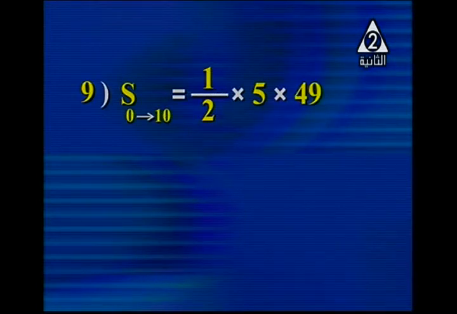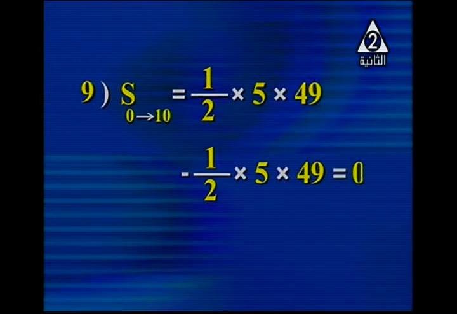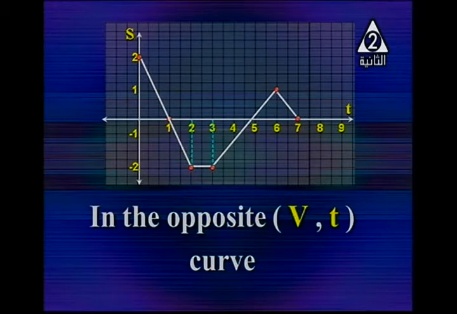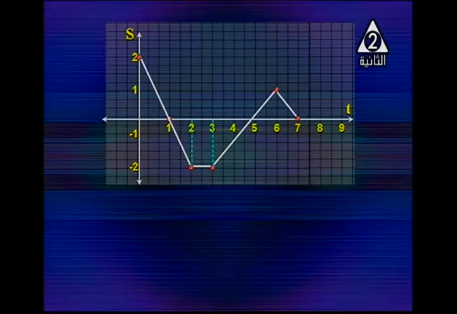When we find s from 0 to 10, we subtract the areas of the triangles, so it equals 0. Look at the opposite figure, dear student, which represents the distance and the time.